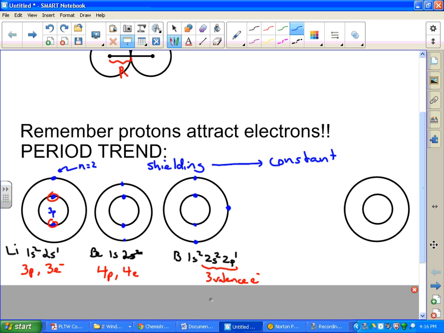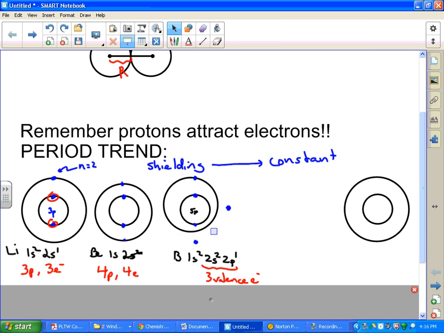Because we now have 5 protons in the nucleus, that's going to attract those valence electrons even more strongly than before. So this is going to be an even smaller atom than beryllium. Make it nice and small.